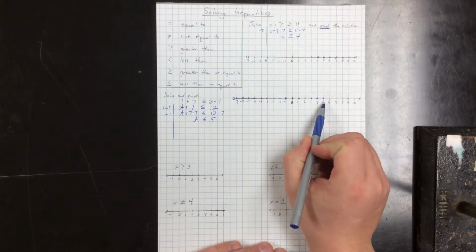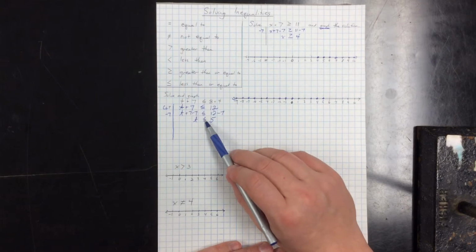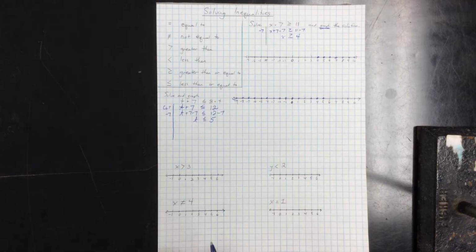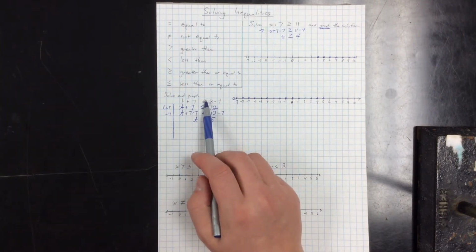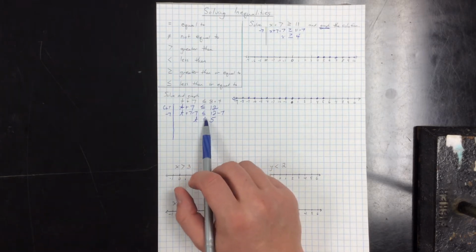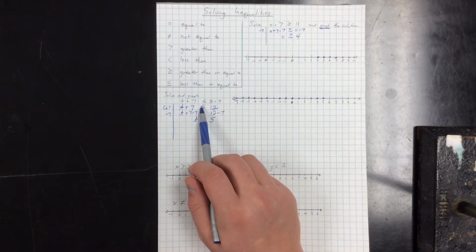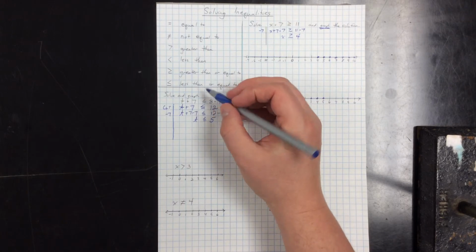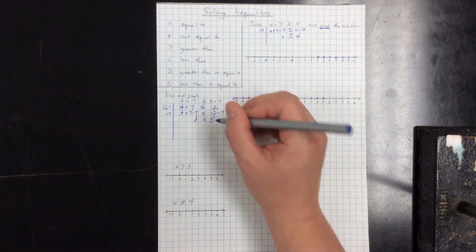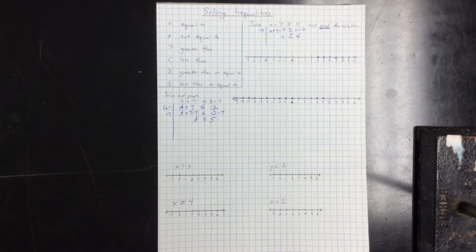So t is 5 or less. T is less than 5 or equal to 5. You can see that we did exactly the same thing that we would have done with an equal sign. You could almost pretend that, take those out and write equal signs down the side, and you can see that it's going to behave in the same way.